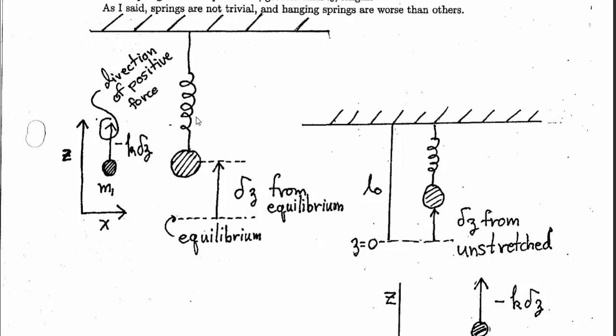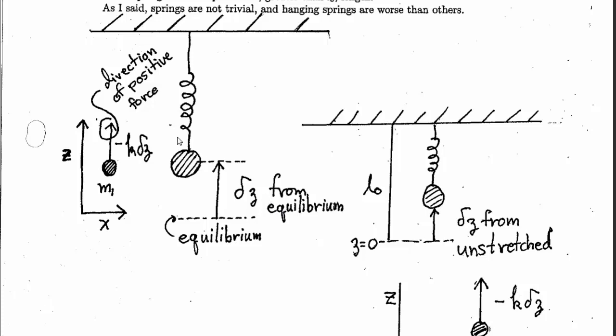So here is the spring, and the spring has an unstretched length. And we now attach the mass to it and let the mass sag and come to rest. When it comes to rest, the mass has displaced a certain amount from where it started. It's displaced from its unstretched length.